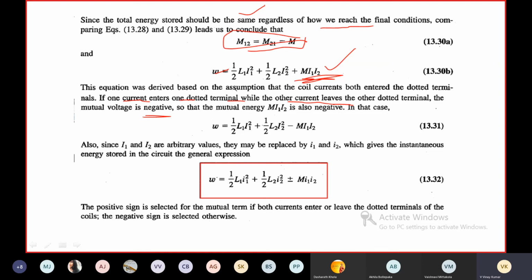If both currents are entering the dotted terminals, as given here, then this mutual energy will be positive.